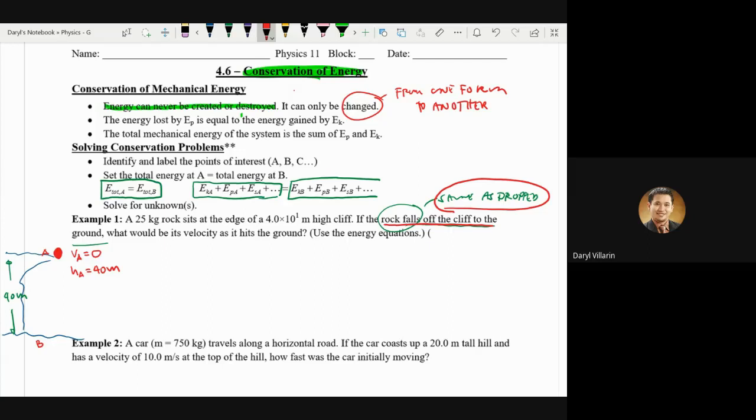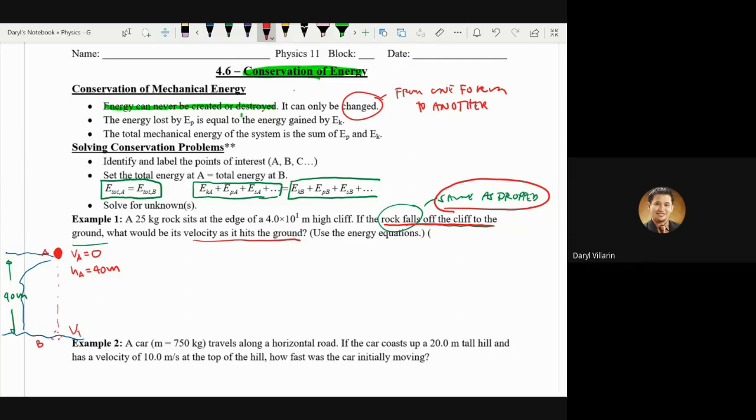Okay, so you use A as your initial position, and then this drops, it reaches the ground. So they're asking for the velocity as it hits the ground. This is the impact velocity. So don't think that the object already stops there. It is the velocity upon hitting the ground.